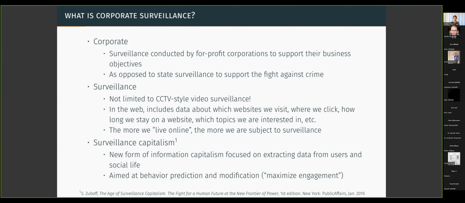One example for that is when Facebook modifies their newsfeed to maximize the engagement of users, basically to maximize the time that users spend on Facebook.